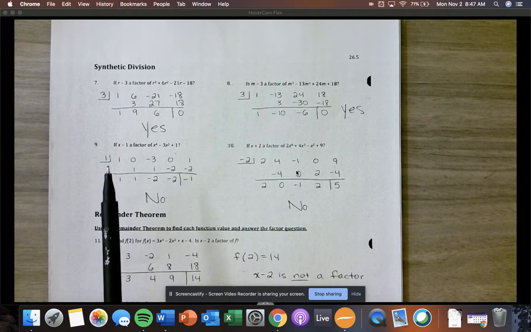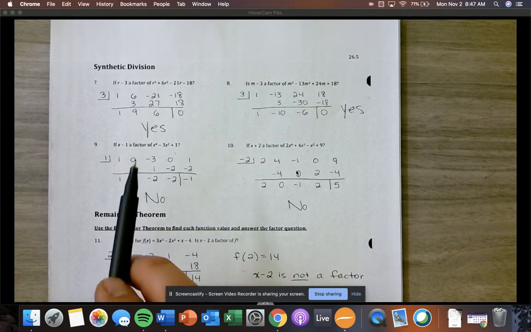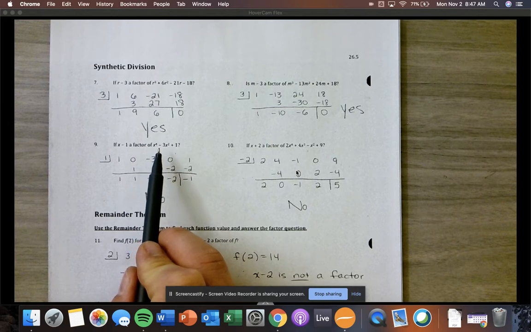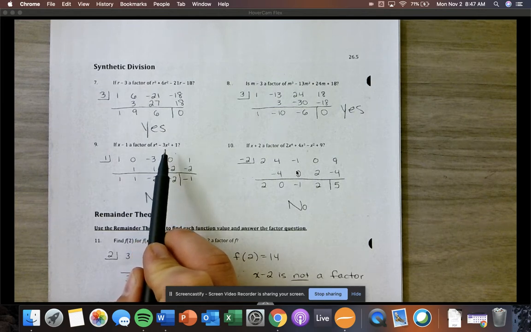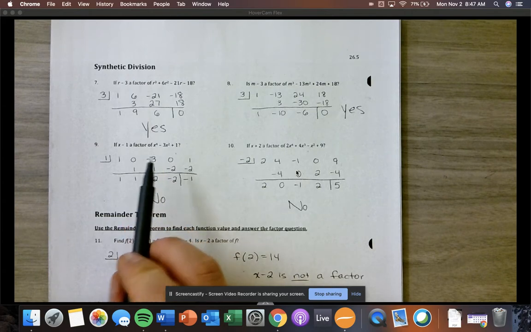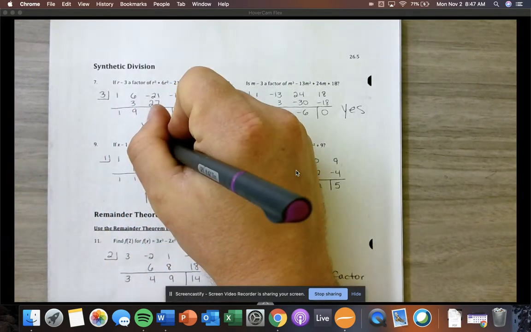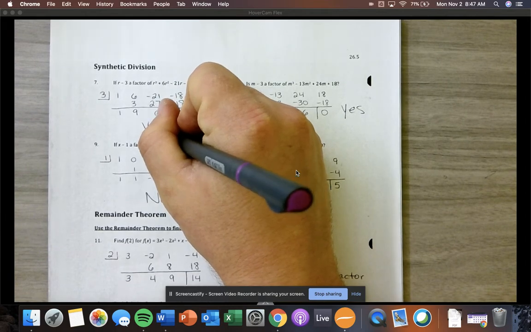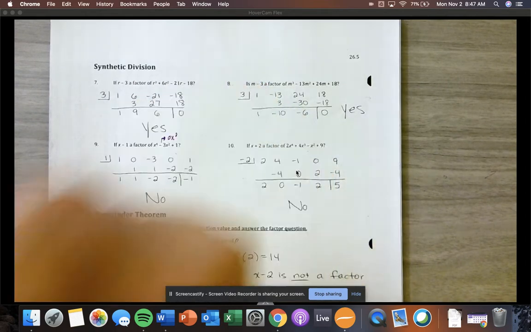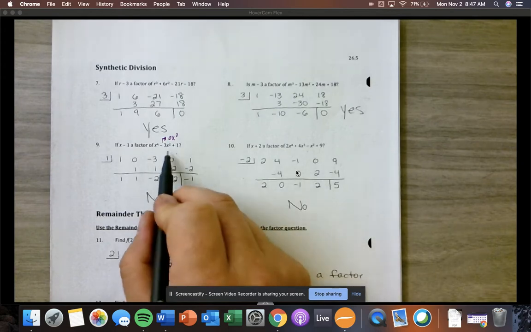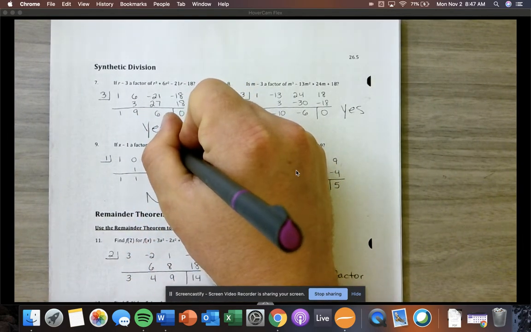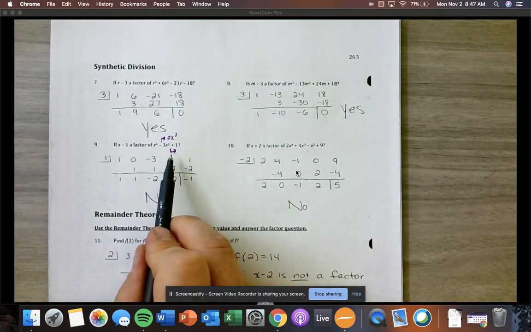Number 9, let's talk about this for a second. Now notice in the function, it skips from x to the 4th and then goes right to minus 3x squared. Right? Just because the x cubed isn't written there, we don't ignore it. We just pretend it's 0x cubed. And same thing, this goes from x squared just straight to 1. We don't ignore the fact that it's got an x, right?